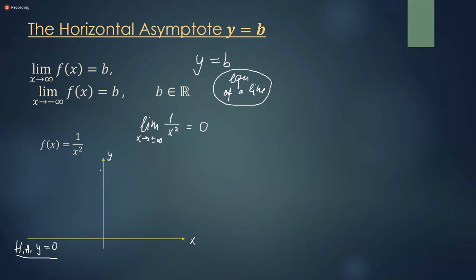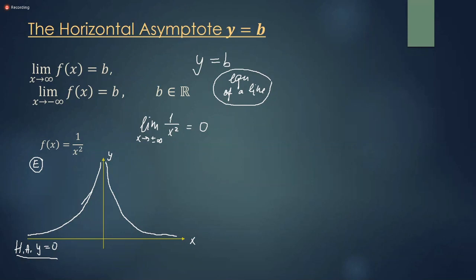Now we can actually imagine the sketch. When x is 0, the function is not defined. For very small x values, the function value is large. For very large x values, the function, of course, becomes small. And because this is an even function, it means the graph is symmetrical, of course. Okay, my sketching of a symmetrical graph is rather off, but the graph is symmetrical because the function is even.